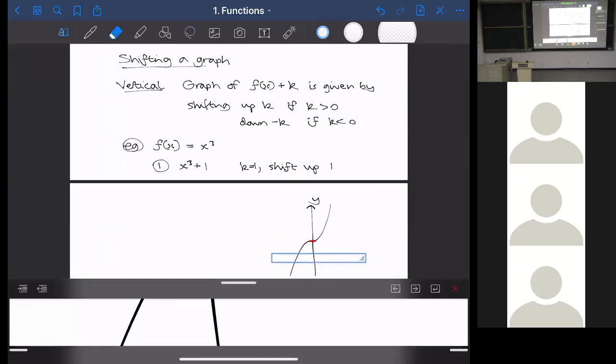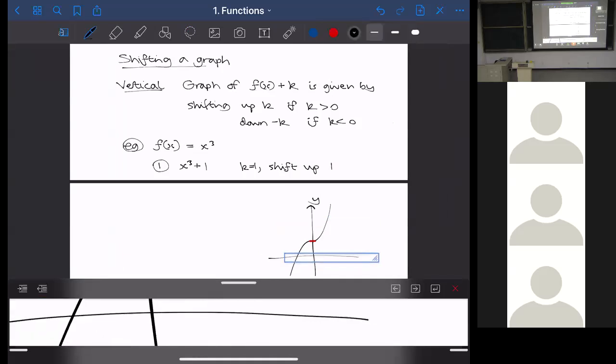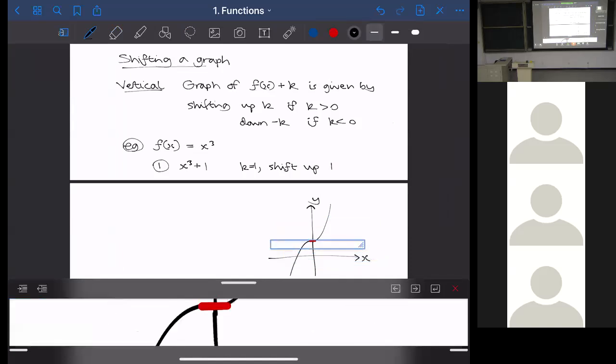So previously, the graph met the x-axis and the y-axis at 0. But now, because we shifted up by 1, the graph meets the y-axis at 1.